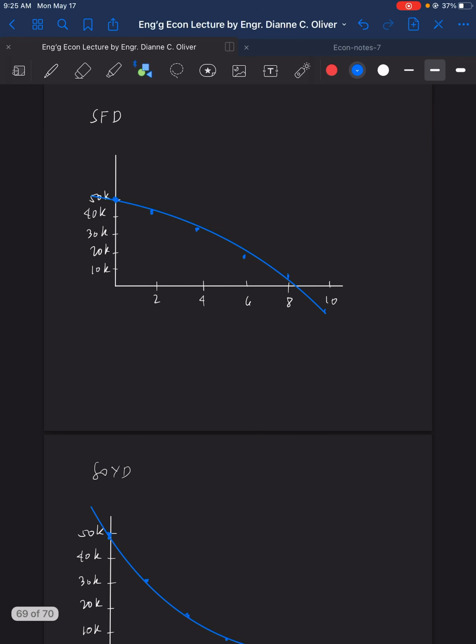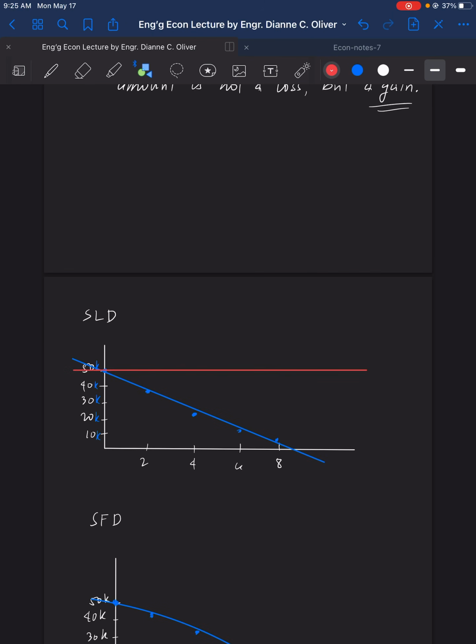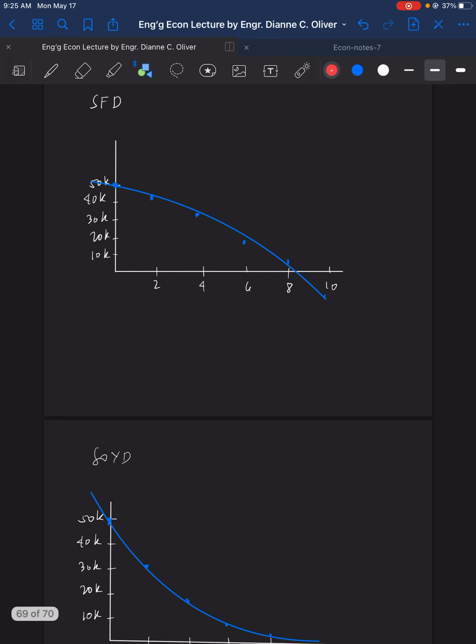So the difference is that in the straight line method, there is a steady, linear depreciation. Then in the sinking fund method, there is slow depreciation at first, a slow drop, and then greater depreciation happens as time goes by.